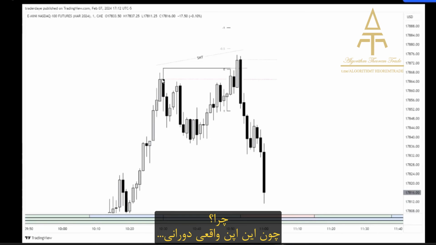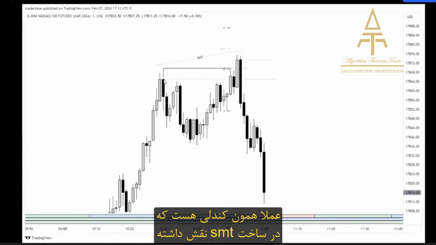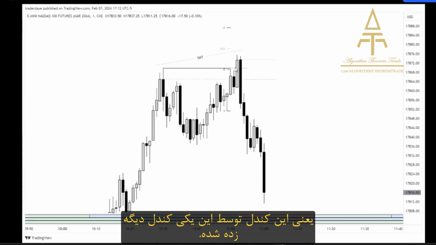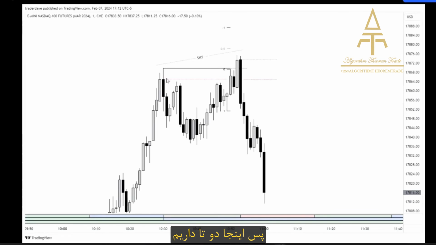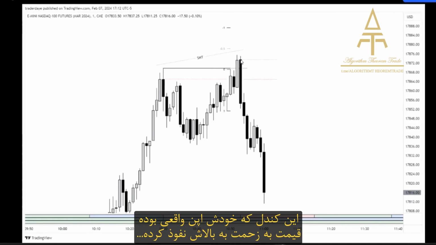Because this revolving true open right here is literally the candle that played a part in the SMT, which means that this candle was ran through by this one. So we have time and time. Revolving true open, ran through by true open. This candle, which was the true open price, it did trade above it.